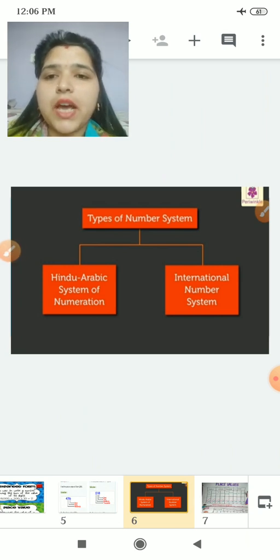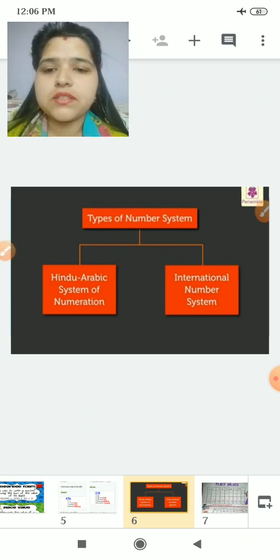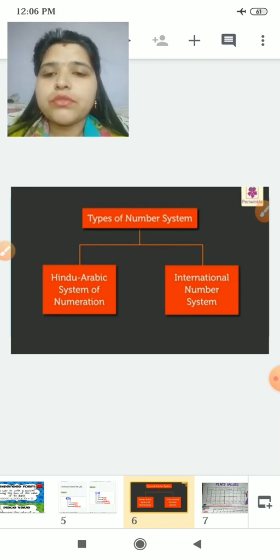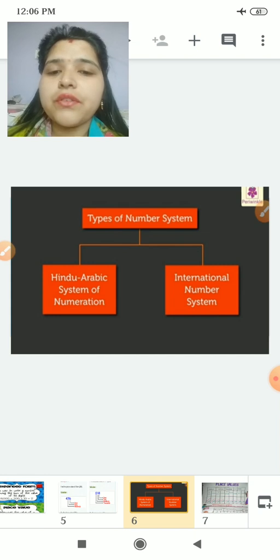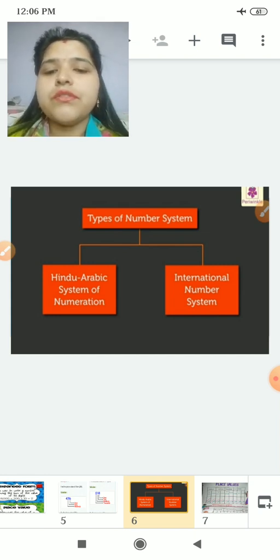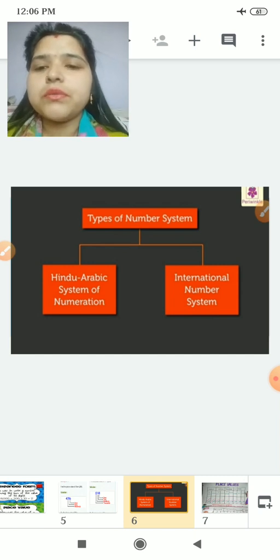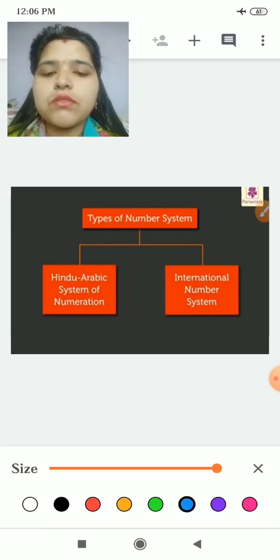Understood class? Now see, this is the question given to you: 68368537954. In the Indian system of numeration, the steps for putting commas are as follows. The first comma comes after the 100 place.